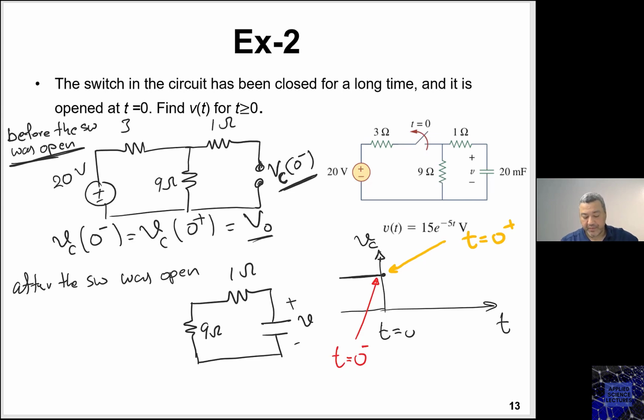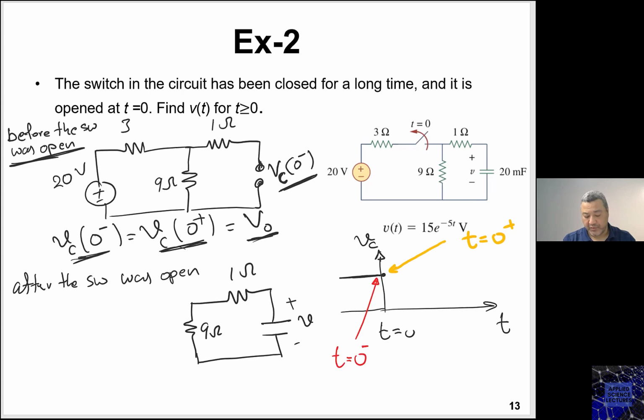So from the circuit when the switch was closed for a long time, I should be able to find VC(0 minus), because it belongs to the last moment before the switch was open, and it is the same as the moment after the switch was open, and it is my initial value. So how much is VC(0 minus) here?